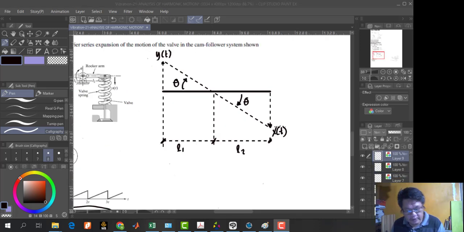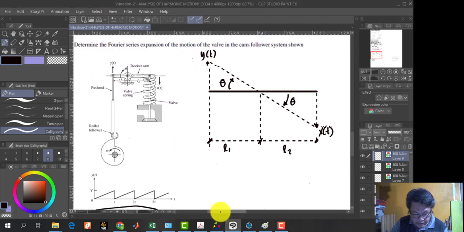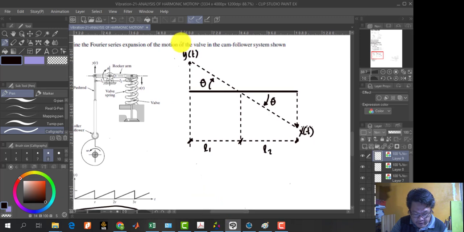Now, let's try to build the relationship, since we are merely concerned with the bulb motion. The problem states: determine the Fourier series expansion of the motion of the bulb. So, the x function of time is the motion of the bulb.